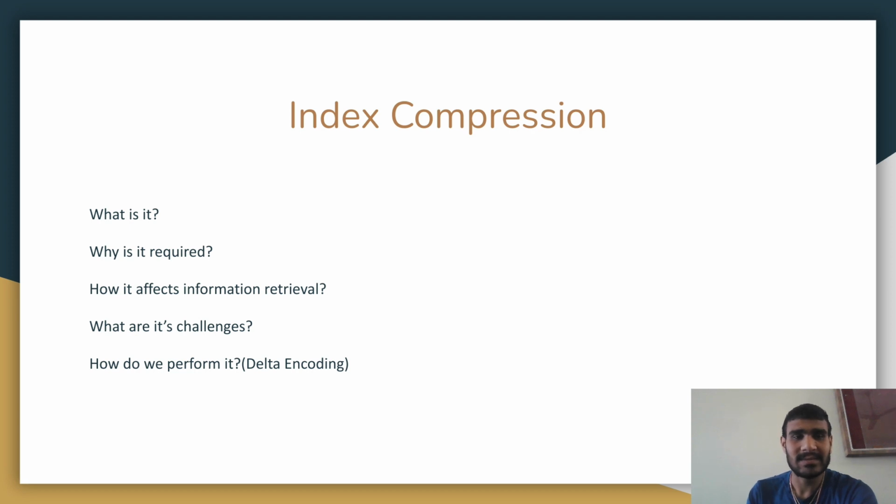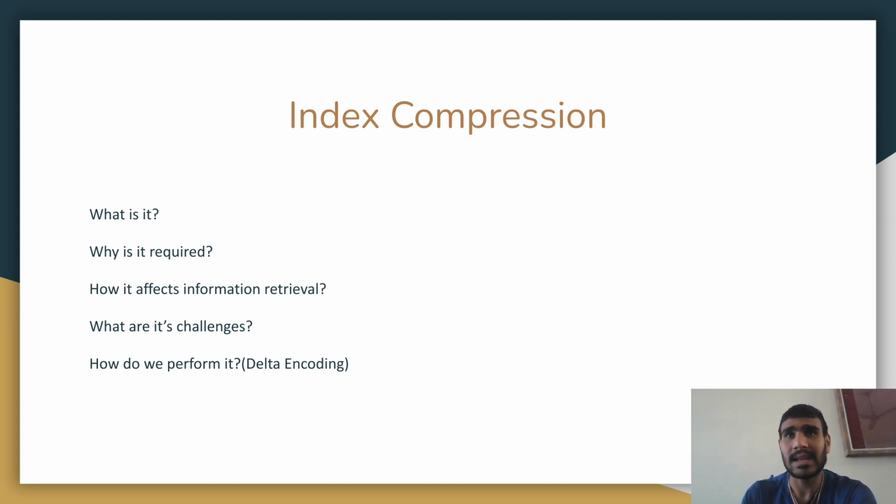And of course, why is it required? As we have seen, the challenge was storing it. Since inverted indexes are very large, storing is a problem, so compression will help us store it efficiently. The third point we will discuss is how it affects information retrieval.